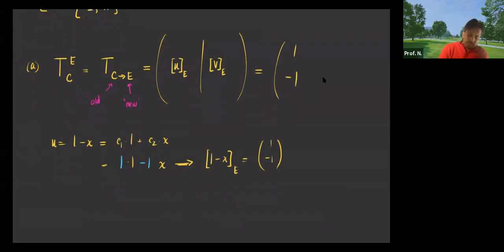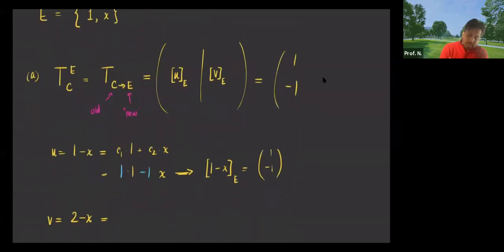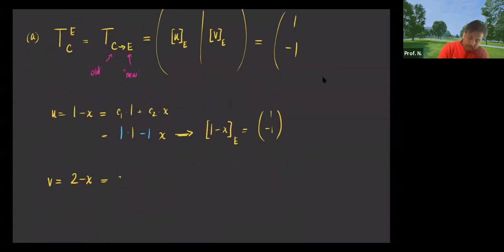And the same thing now goes for V. V was what? 2 minus x. Do you guys see what's happening? So again, I'm going to use another set of constants. Call them B1, B2. B1 times 1 plus B2 times x. So what is this going to be? It's going to be twice 1 and minus 1 x.